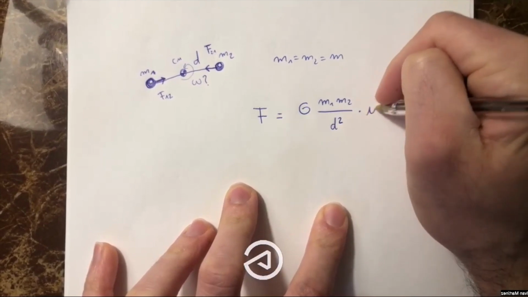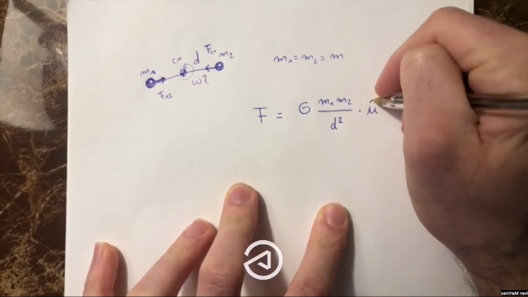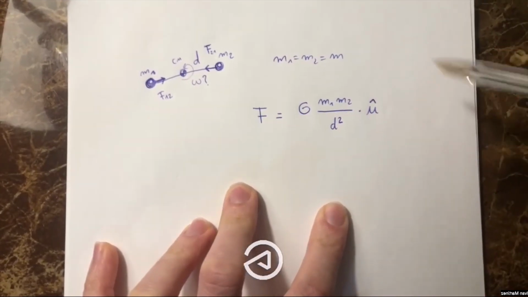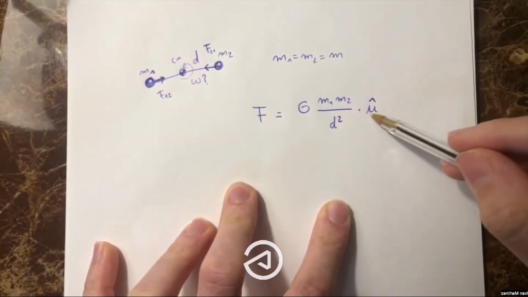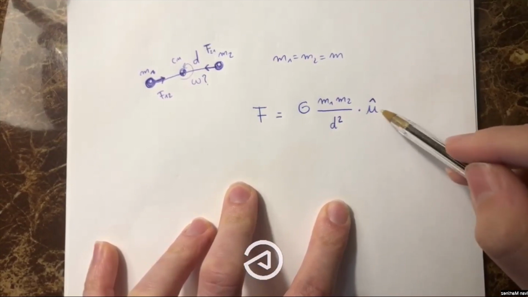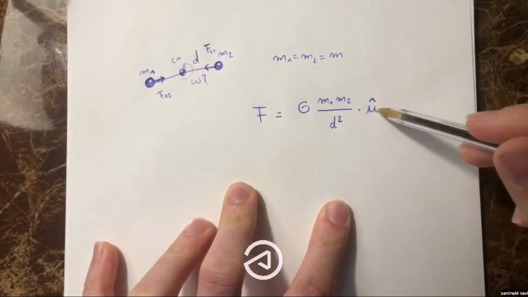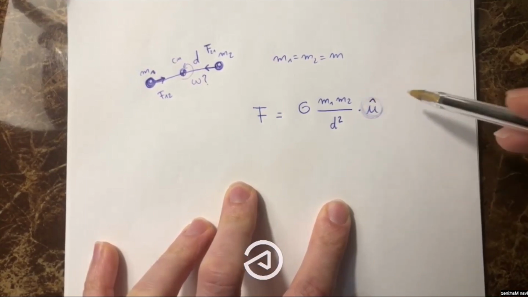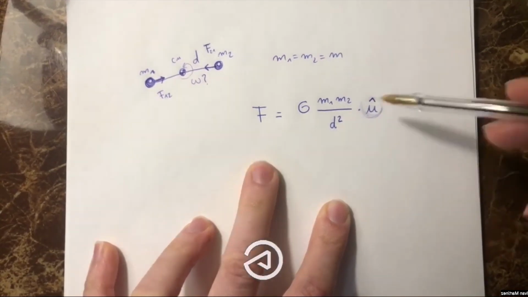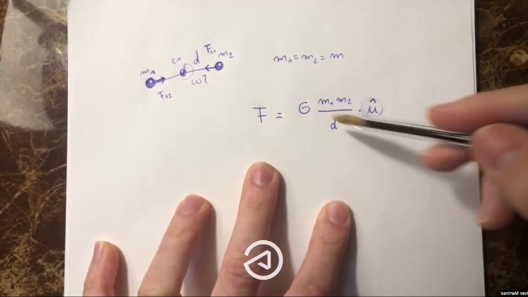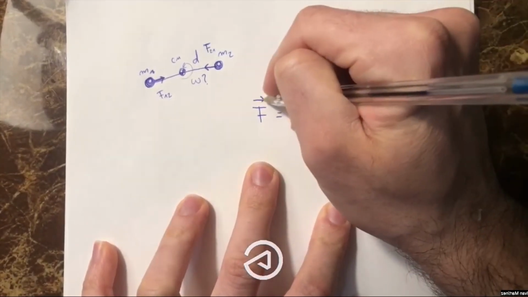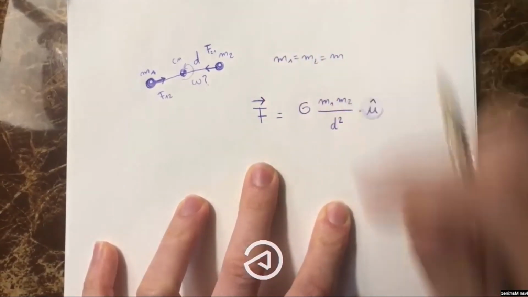We're going to use a generic unit vector U. Why do I use U instead of D? Because D would be dimensional. U is dimensionless. We're just stating the direction. We don't want to add any extra scalar here. We just want to know the direction. This is a vector.